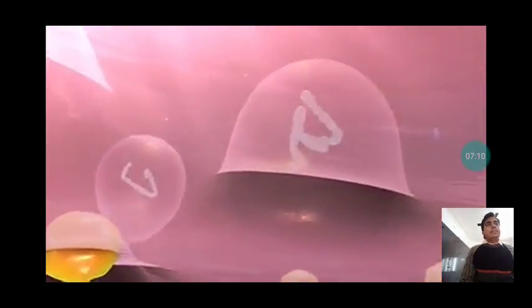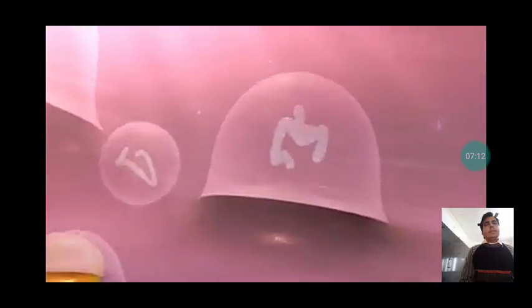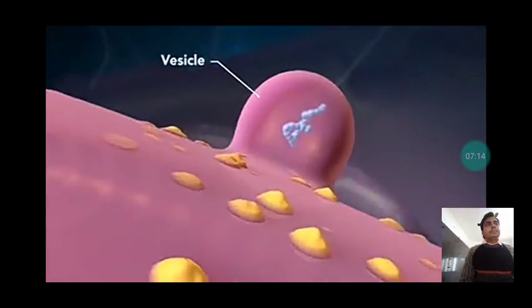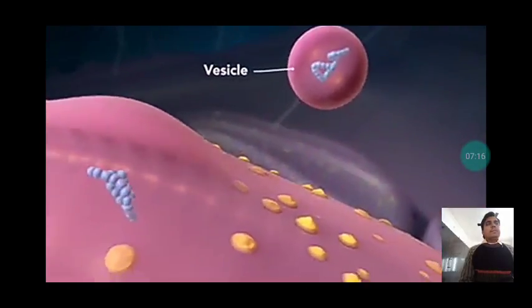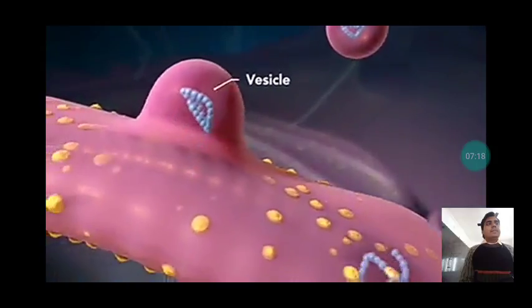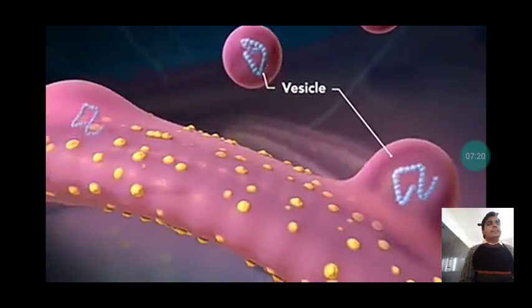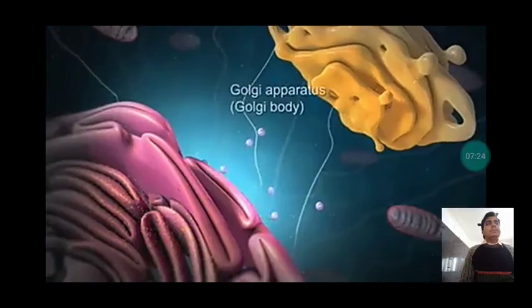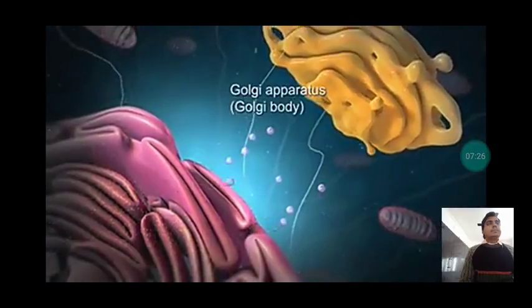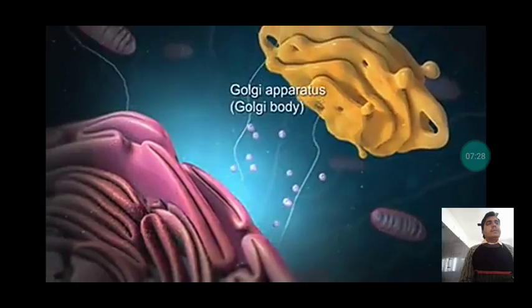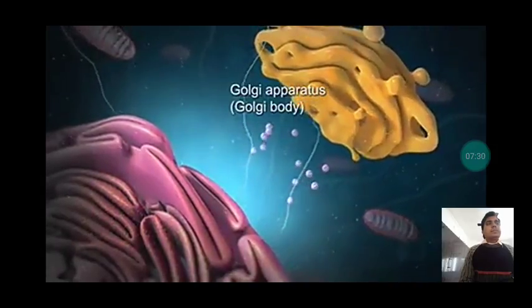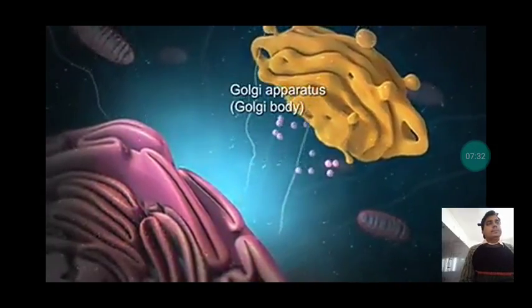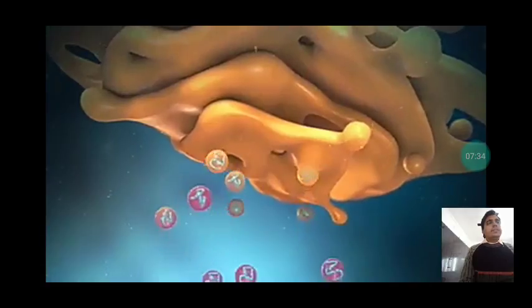Students, the protein and other material emerge from the endoplasmic reticulum in small vesicles, where the Golgi apparatus, sometimes called the Golgi body, receives them.